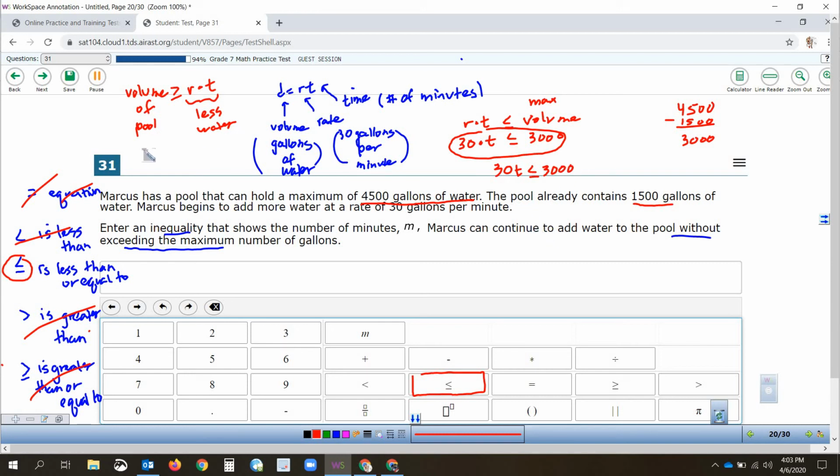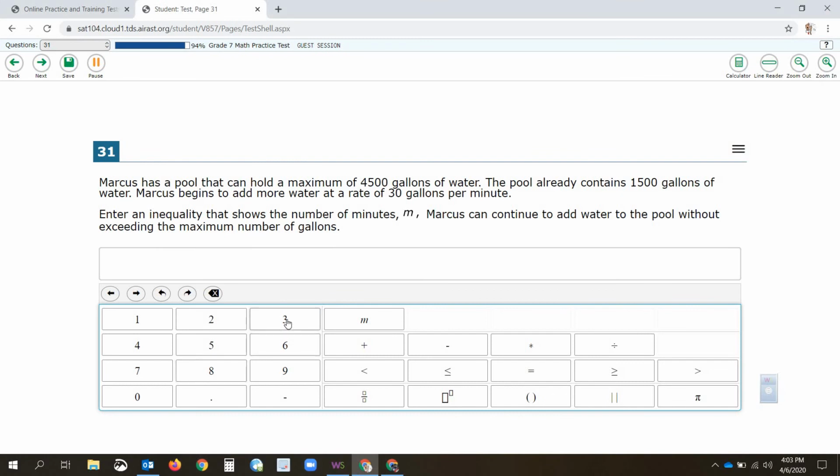If we had done it this other way over here, 3,000 would have to be greater than or equal to 30 times t. That also would be correct. All right, but I'm going to go ahead and put it here. So 30 times the time, except remember our time is not t, it's m.